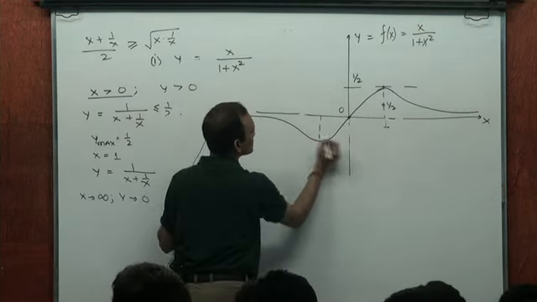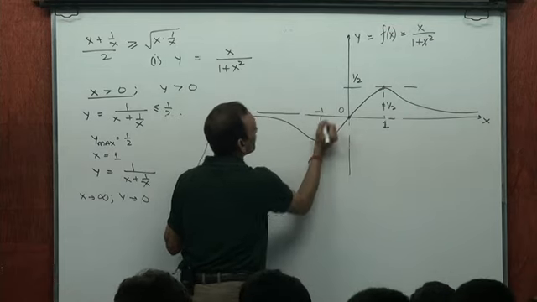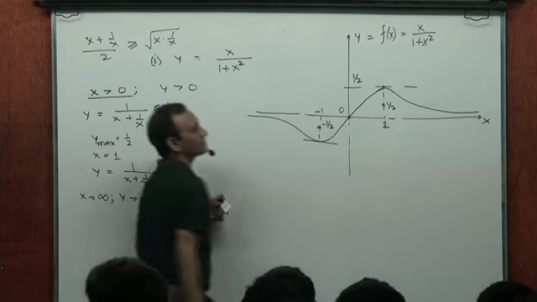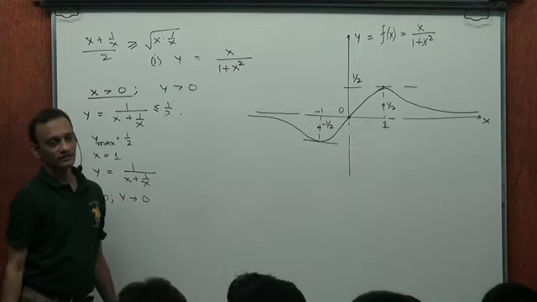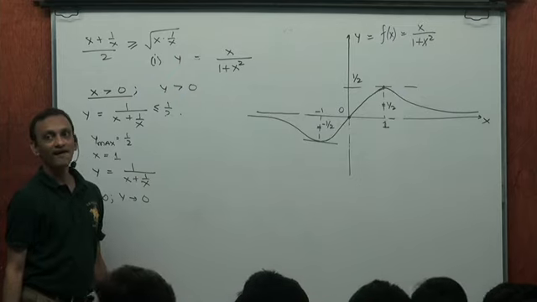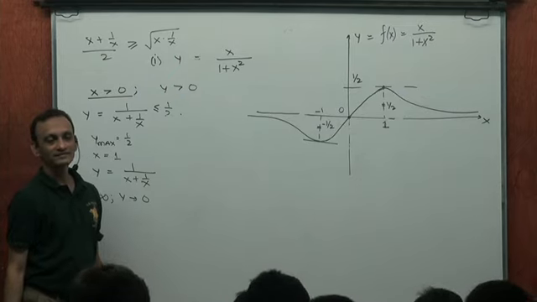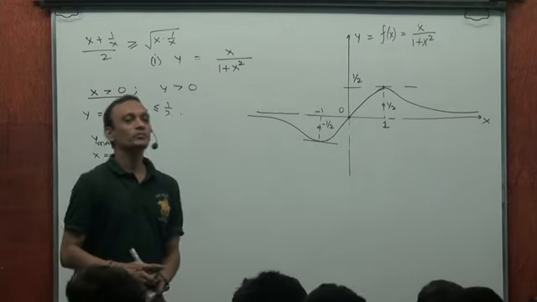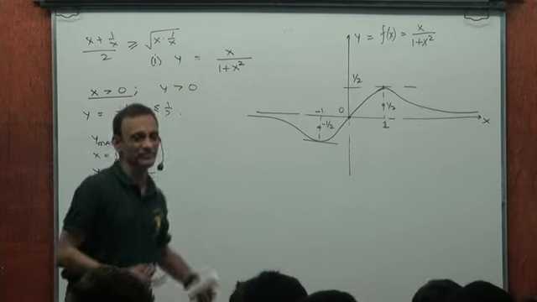Symmetric about this, x equal to minus 1. When x is minus 1, y will be minus half. Right? This is the graph.